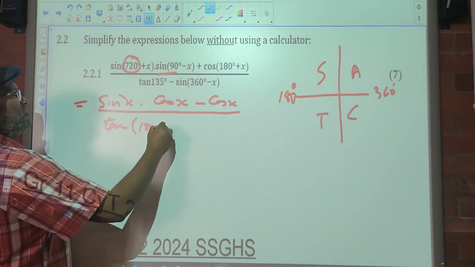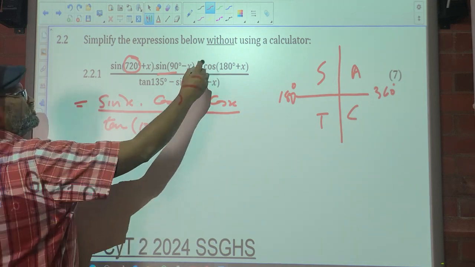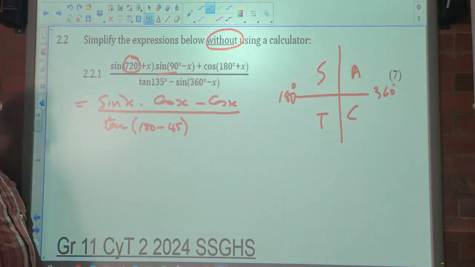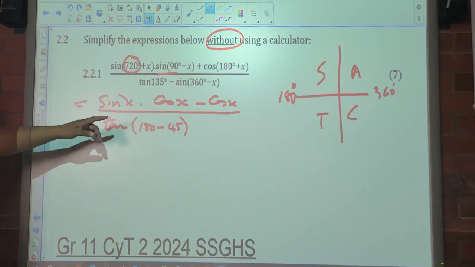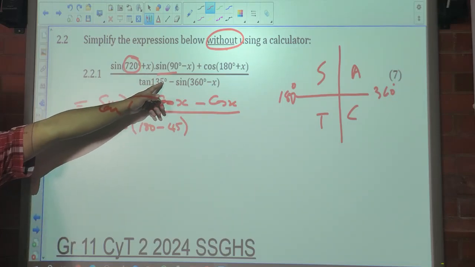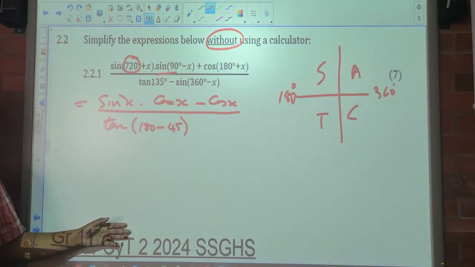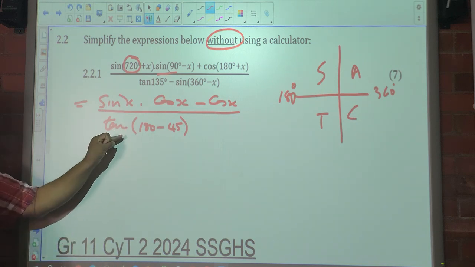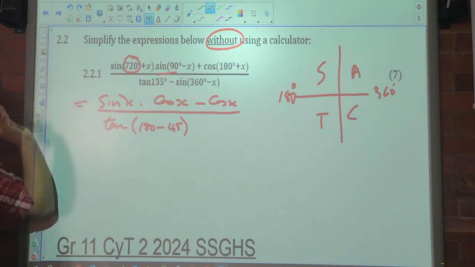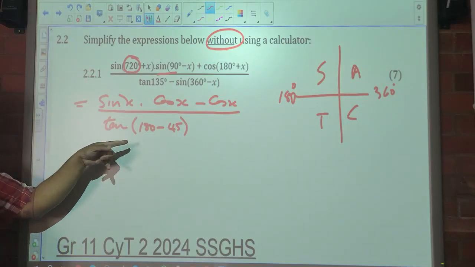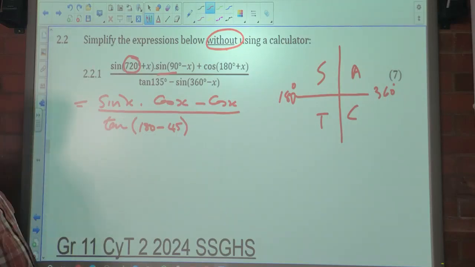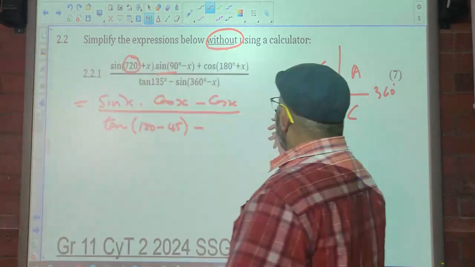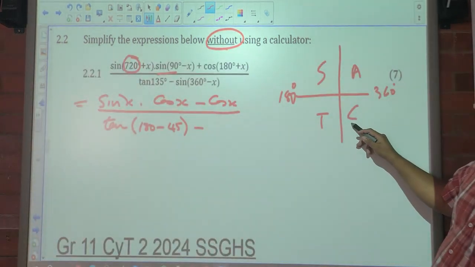Second quadrant. How do we get in the second quadrant? Tan of 180 minus 45. Now you see, what does this mean here? Can't use a calculator. Some of you type in your calculator tan of 135, you get negative 1, and then you can't get the simplifying answer, and you can't get the reduction answer. You already lose 2 marks. This is what I want to see. Minus 360 minus, which quadrant is that in?